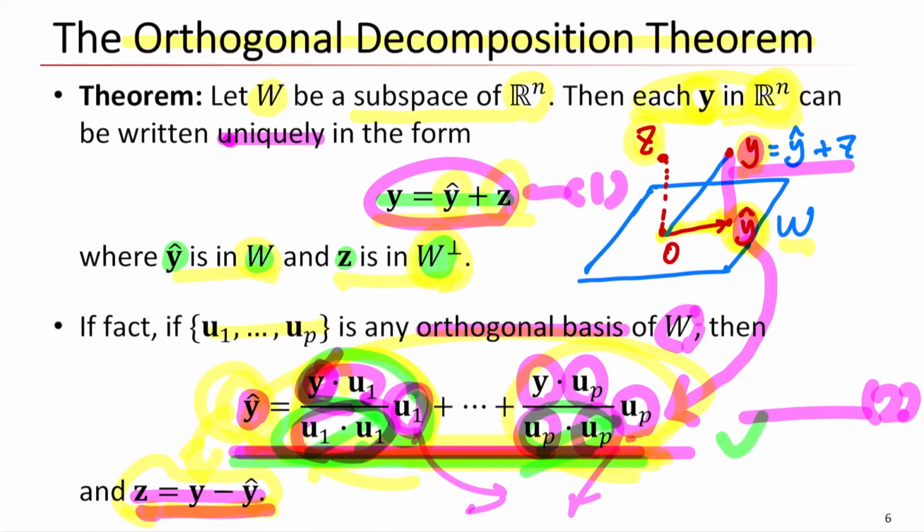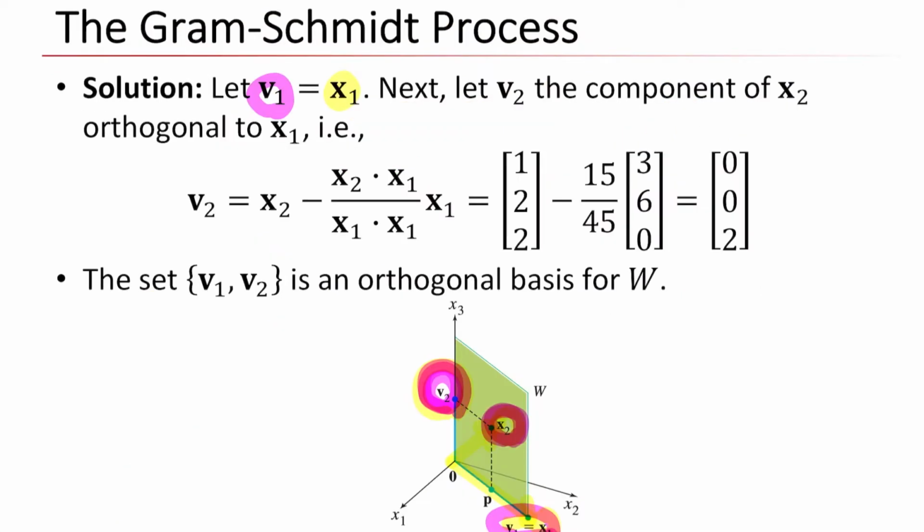So in today's lecture, let's use this orthogonal decomposition theorem. First of all, we have to find P, which is the orthogonal projection of x2 onto x1 or v1. So then how can you do that?